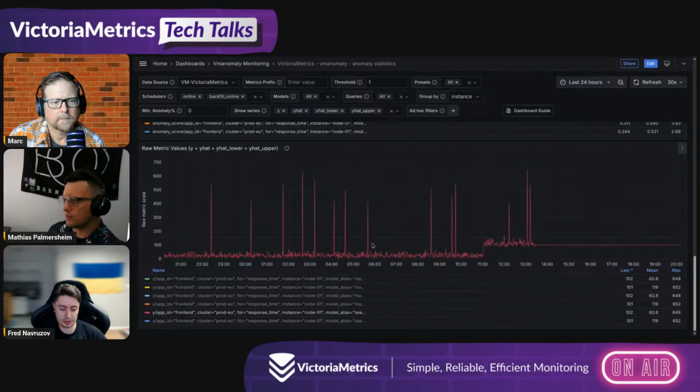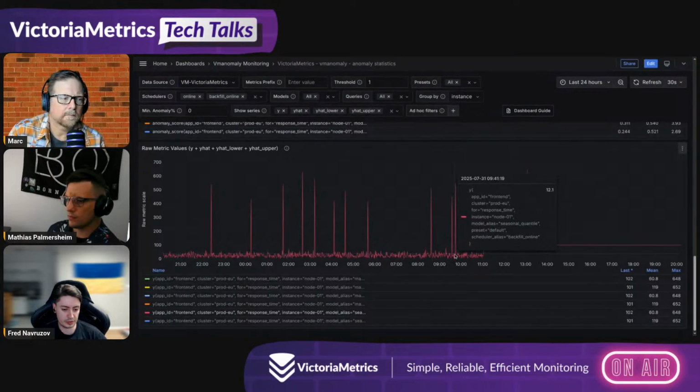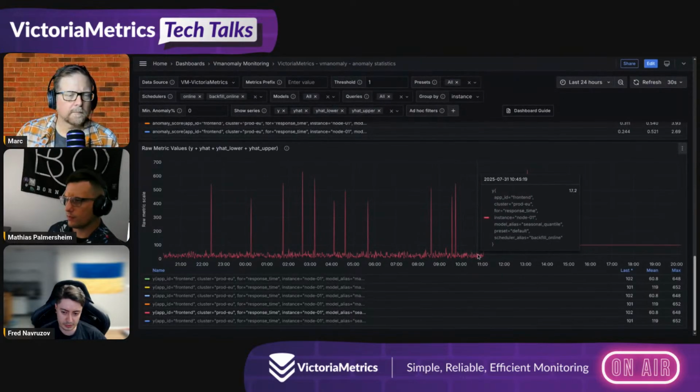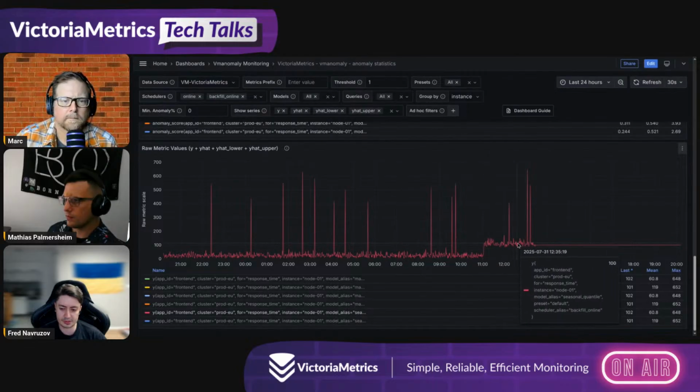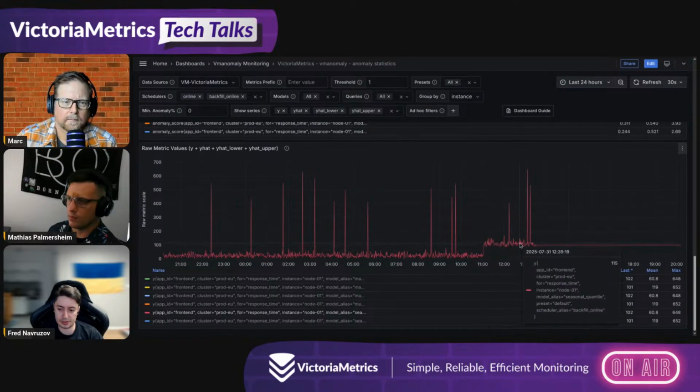And here, if we observe some real line, you have not only point-wise anomalies, but also a regime change. For some reason, your regular processing time goes up from like 20 milliseconds to 100 milliseconds. This might or might not be captured with simpler alerting rules, but from a time series perspective, it's definitely an anomaly because it's a change point and it persisted for some time.